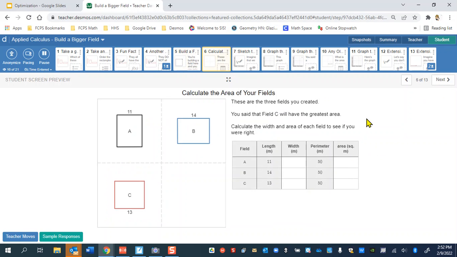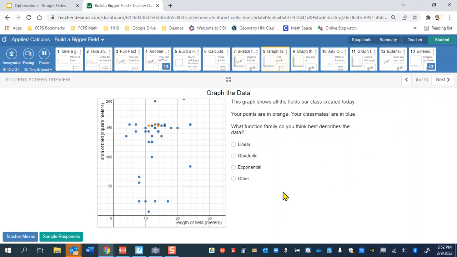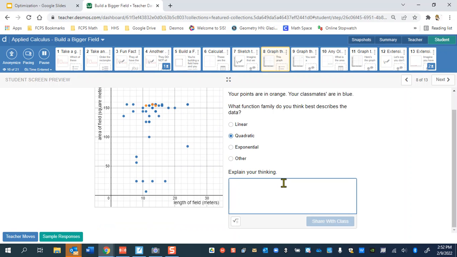When you filled in your lengths and your widths, what we wanted to see was that you sketched your relationship. That's crazy. What I'm hoping, that means you guys failed at graphing. It should have been an upside down quadratic.